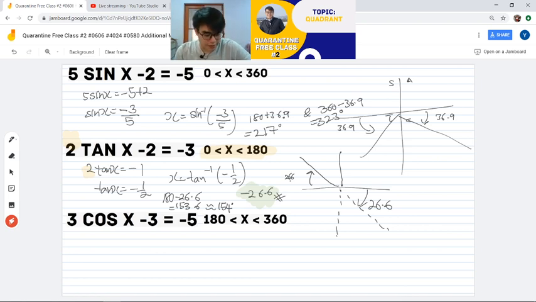Okay, the main difference in this question is the range has now changed to the third and fourth quadrant only.